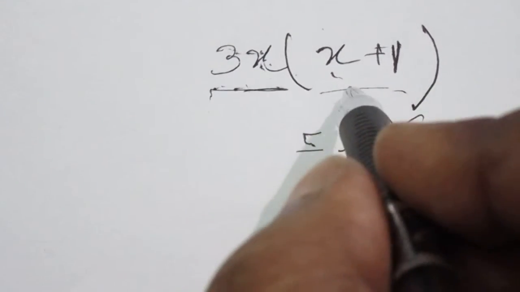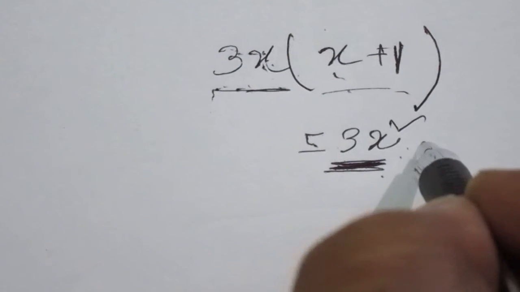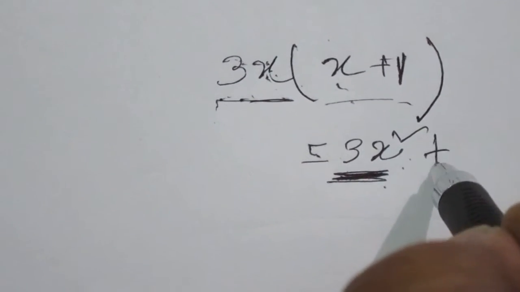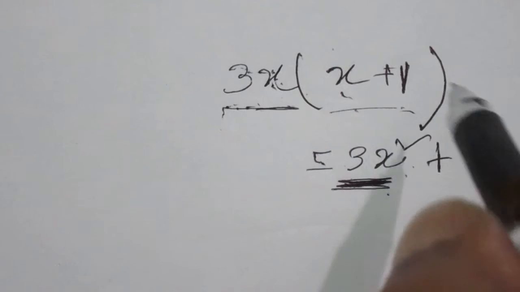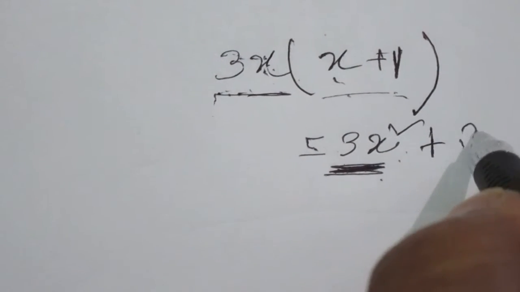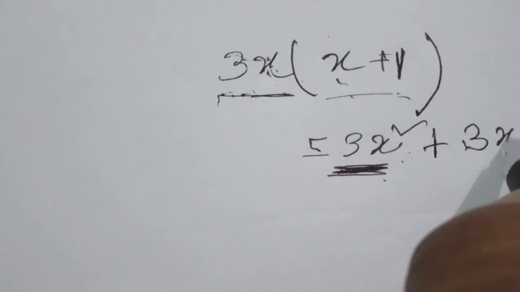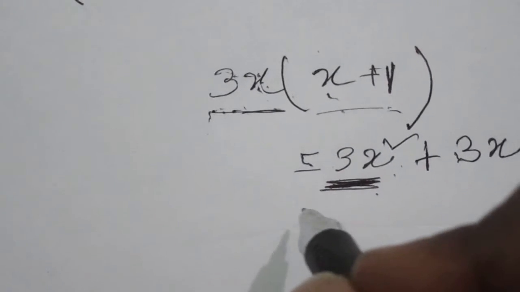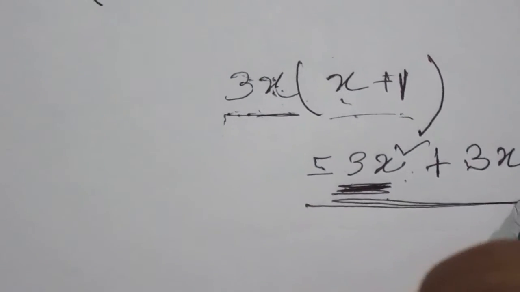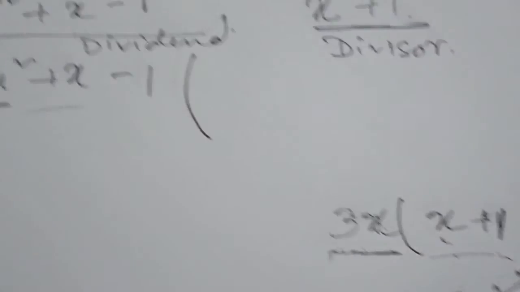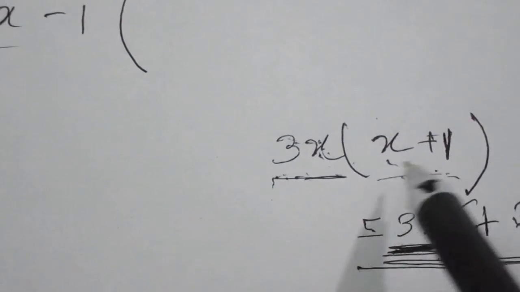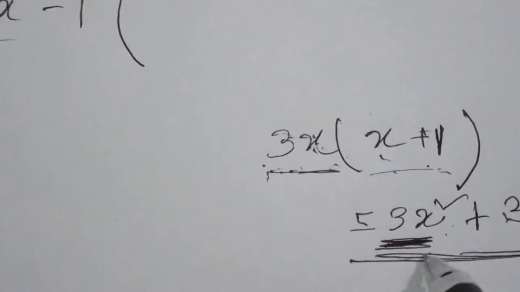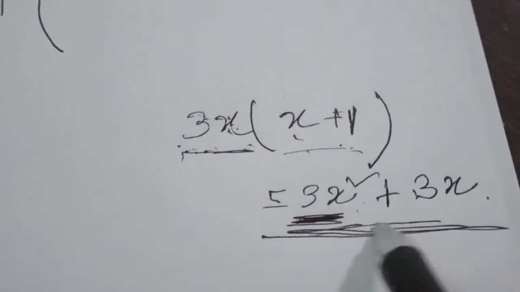So thrice x into x will give me thrice x square plus thrice x into 1, which is thrice x. Understood? Now we have to write this whole term under the dividend.